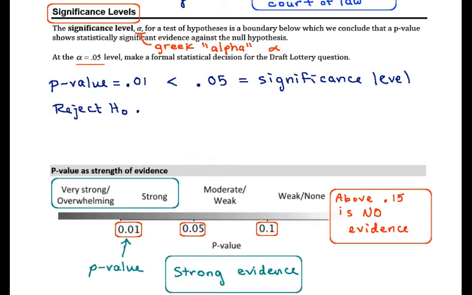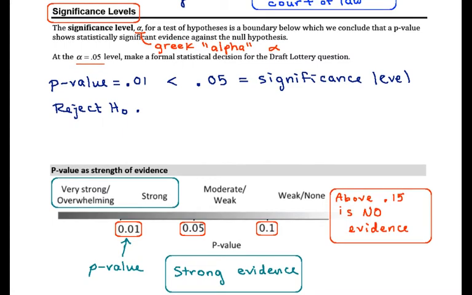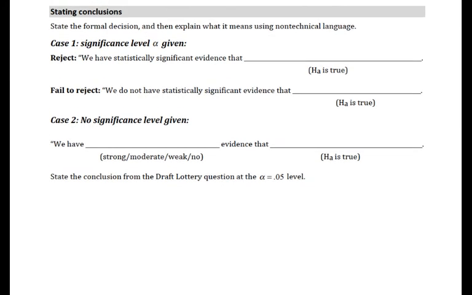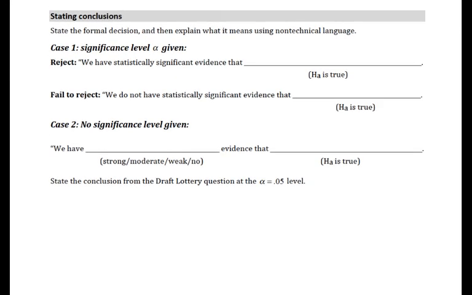And generally we want to write up a really nice conclusion using non-technical language so that it's clear what you're concluding. When we reject the null hypothesis, what does that mean we have found evidence of? If we have strong evidence, what do we have strong evidence of? So we get into this stating conclusions topic. Sometimes we have a significance level that is given. I'll call that case 1. If your significance level is given, it makes sense to reject or fail to reject and have that be your conclusion.